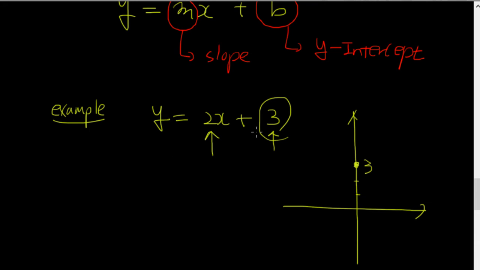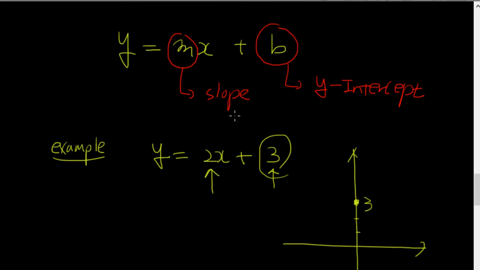Going back to this form, we shouldn't have anything except just the y on the left-hand side. There shouldn't be any number in front. It should be just y only, and then a number in front of x, and an actual number which is going to be the y-intercept. So just by looking at this, I can see that it's going to pass this point.